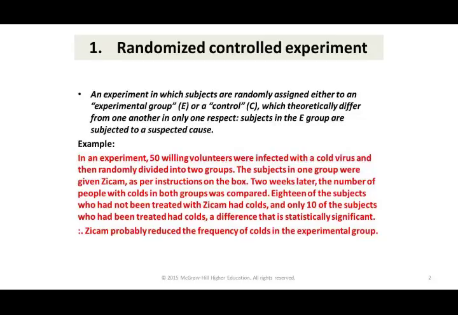In a randomized controlled experiment, we're going to take two groups of subjects and we're going to randomly, and this is an important word, randomly assign the subjects to either an experimental group or a control group, and they should be pretty much identical.